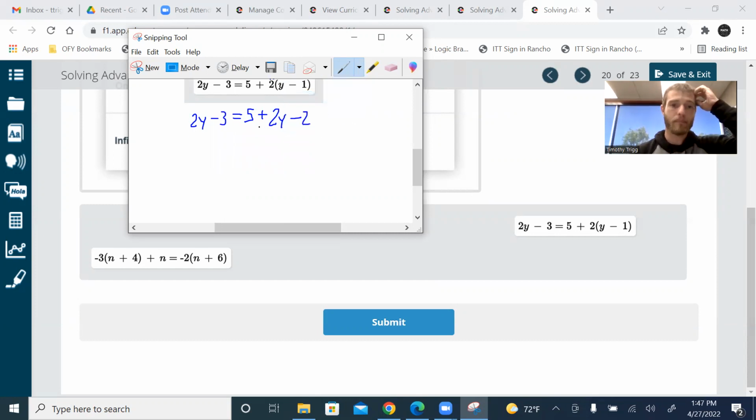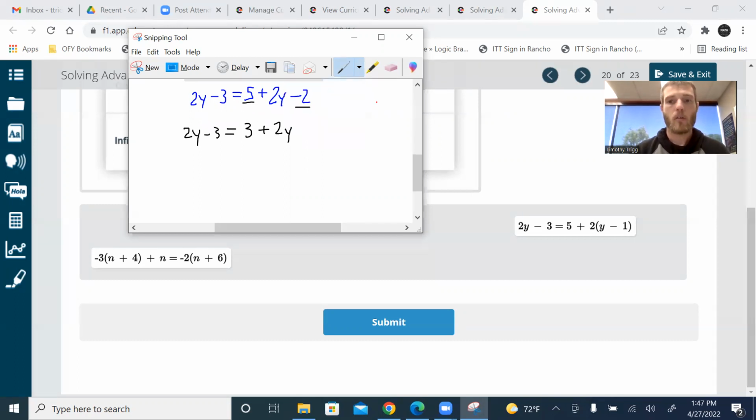Looking back on the right side, we can combine this 5 and minus 2. What's 5 minus 2? Well, that's 3. So we have 3 plus 2y over here on the right. On the left, we have 2y minus 3.